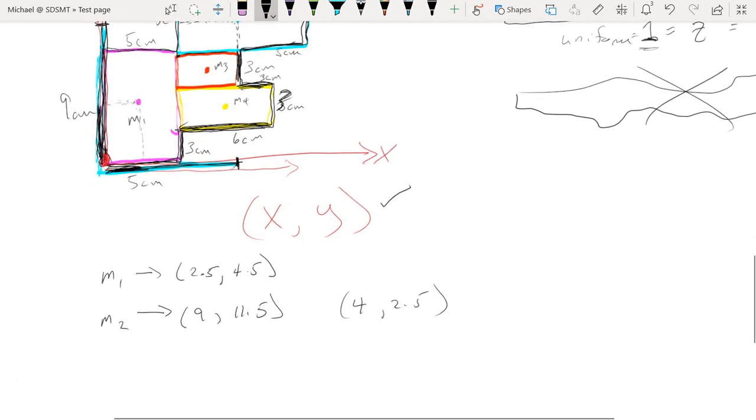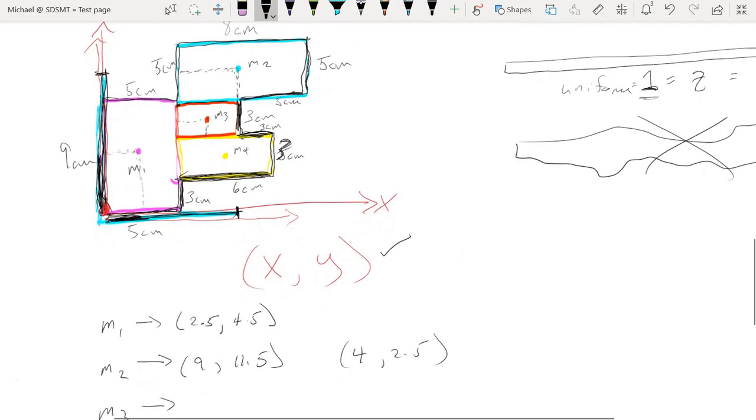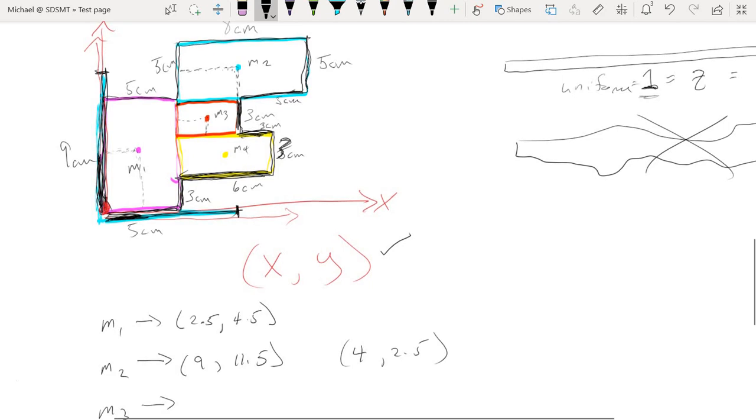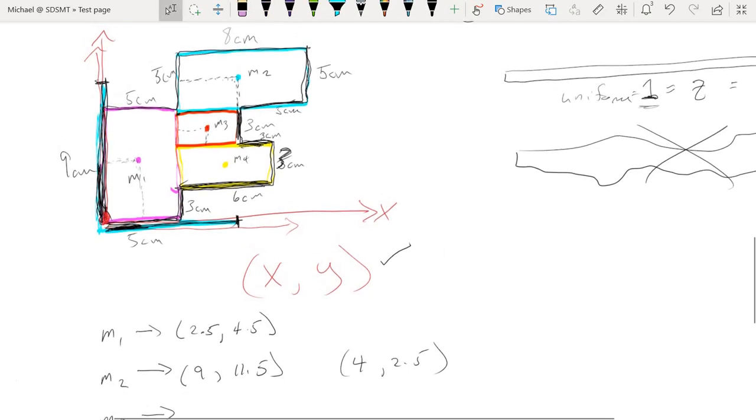For mass 3, so mass 3 is right here, and it has side lengths of... and so here's the tricky part.